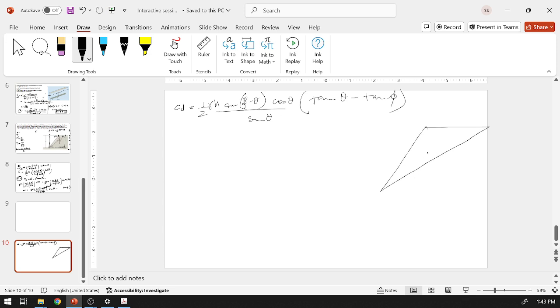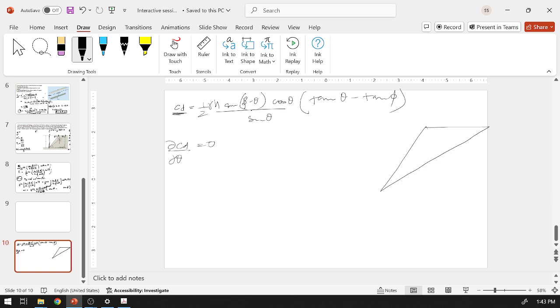So as to determine the critical failure plane, we need this to be minimum. So in this method, what we do is we take del c_d by del theta and we equate it to 0 to find the minimum.